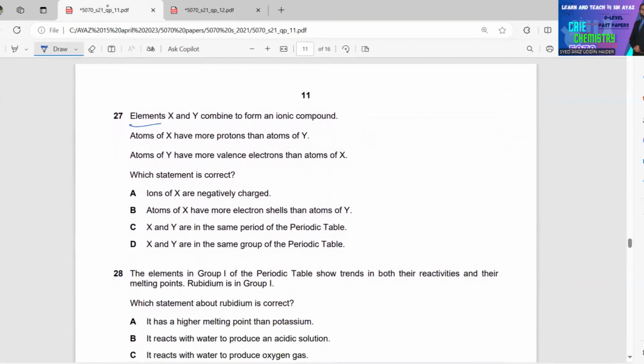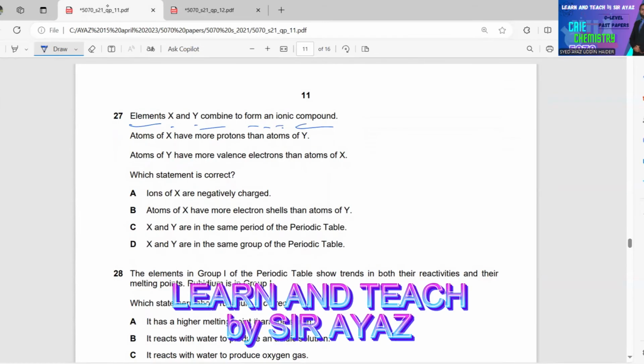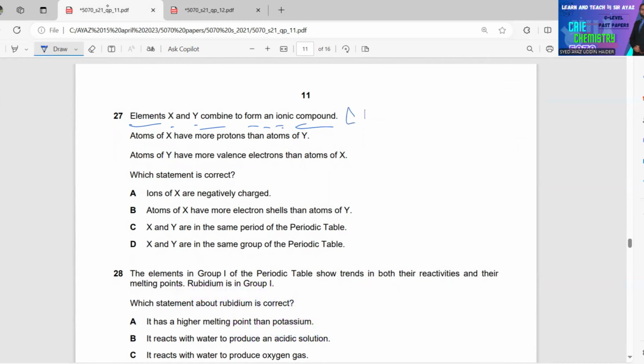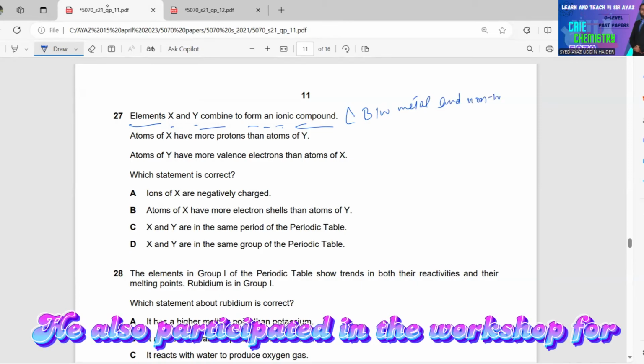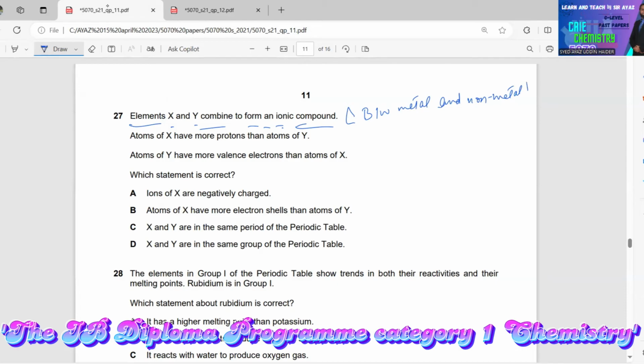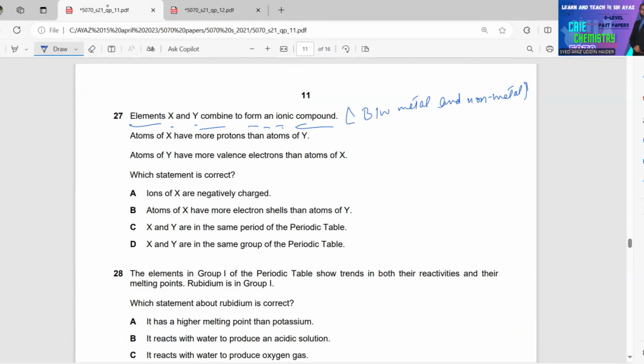27. Elements X and Y combine to form an ionic compound. So an ionic compound is formed between metal and non-metal. So one of these must be metal and the other non-metal. Statement number 1, atoms of X have more protons than atoms of Y. Atoms of Y have more valence electrons than atoms of X. Which statement is correct? Now they are asking which of these statements is correct.